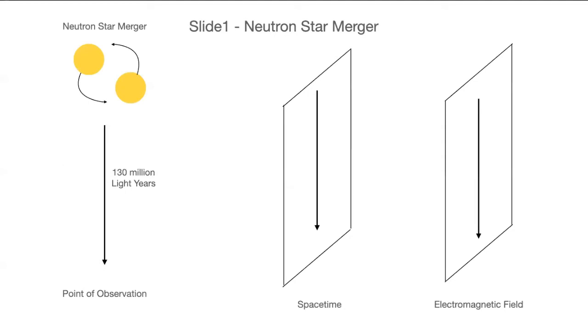So you may have seen in the news over the last couple of years an experiment called LIGO, which is a number of detectors. So there's 2 in the USA which detect gravitational waves. And these have detected gravitational waves, first of all, coming from the merger of black holes, and subsequently from the merger of neutron stars.